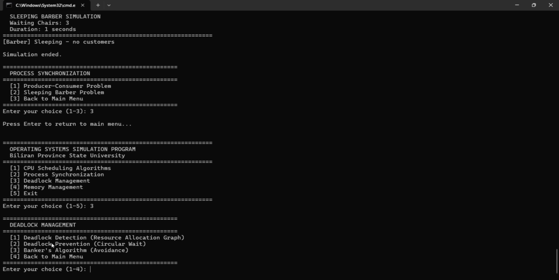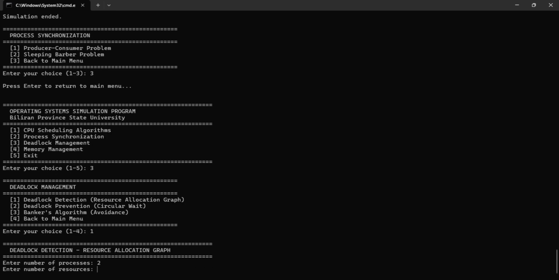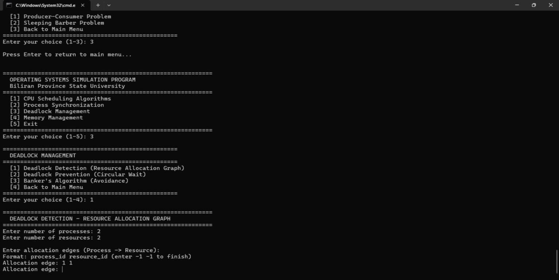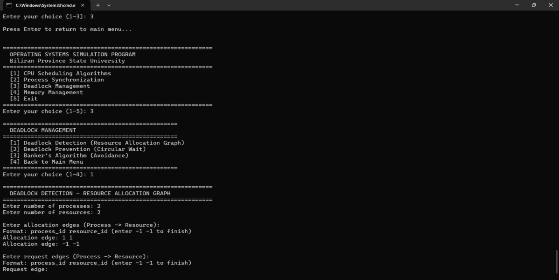This graphical representation allows users to analyze the relationship between processes and resources in order to detect potential deadlock. And this is the deadlock detection output.